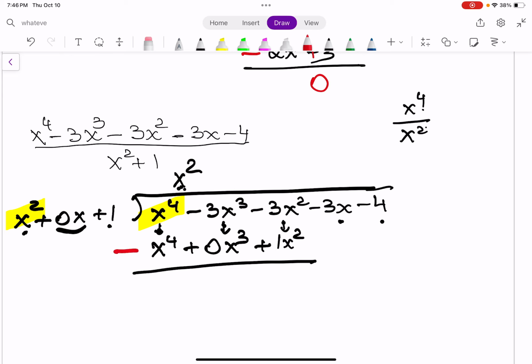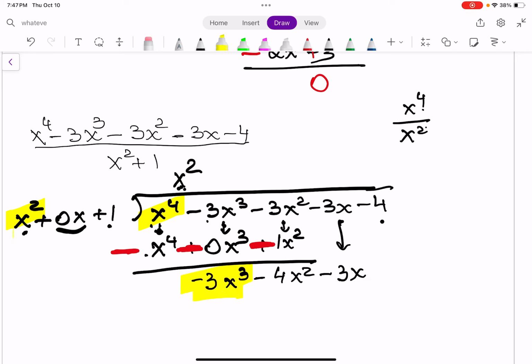So again, when I minus it, this becomes a minus, this becomes a minus, and this becomes a minus. I have to change all the signs. So x to the fourth minus x to the fourth is 0. Negative 3x cubed minus 0x cubed is negative 3x cubed. Negative 3x squared minus x squared, 1x squared, is negative 4 of those. Bring down one more term and play the game again.